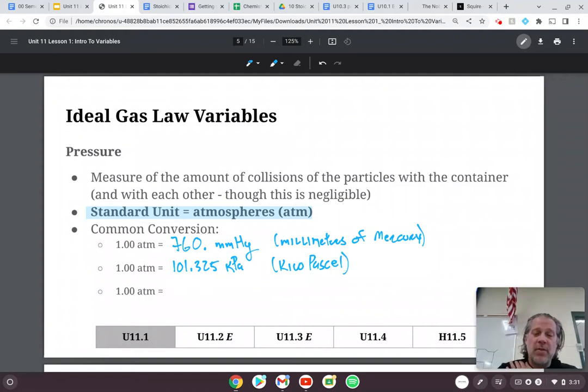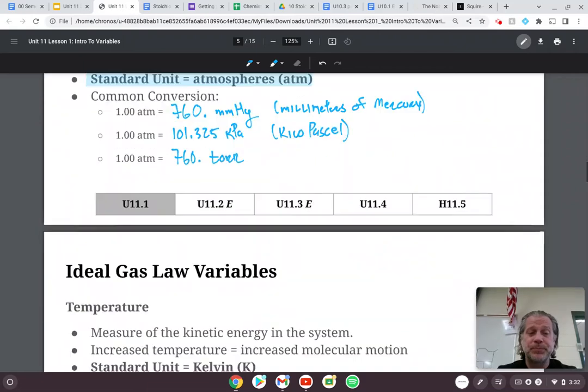And then the last one is something that we call the torr. So 1 atmosphere is also equal to 760 torr, which the torr is named after the individual who figured out how to make a barometer work, Torricelli, way back when. So these are our 3 different ways that we can convert between the standard unit, which is atmospheres, and some other ways that we measure pressure in chemistry.